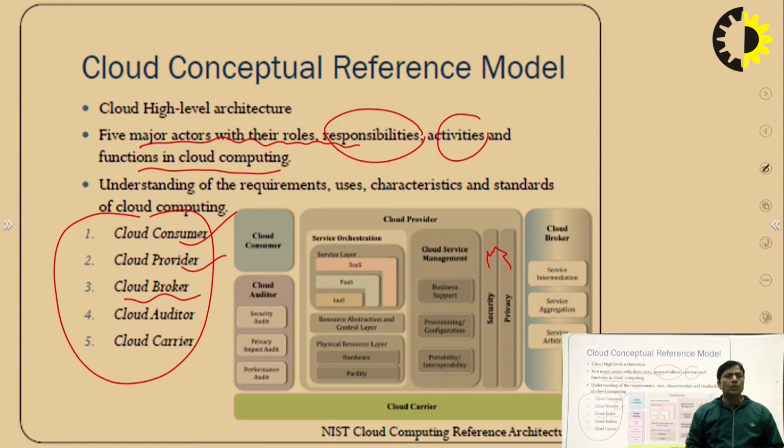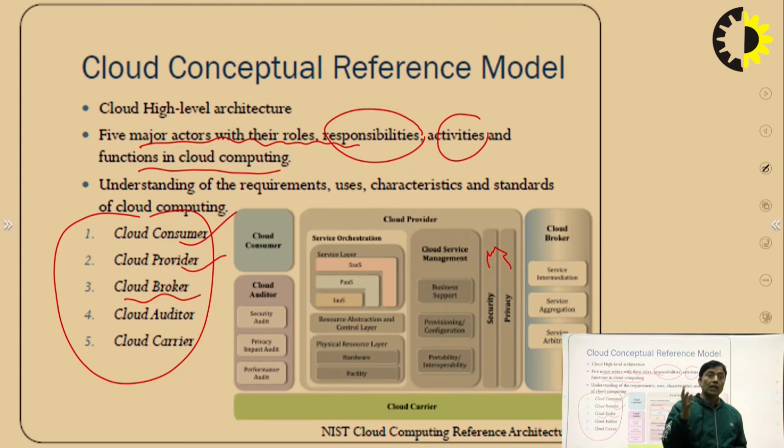What is the advantage of being a broker between consumer and provider? Because it is obvious that the provider can directly target their consumer and provide the services. But this broker is a very important entity because it can take the services from multiple cloud providers and form the best package for their consumer.